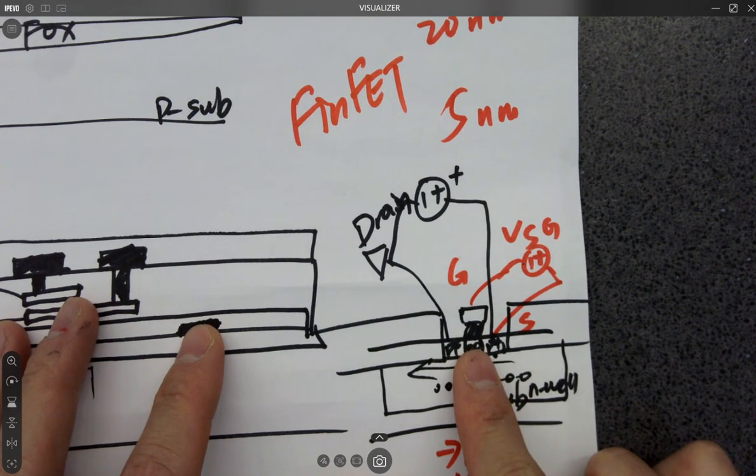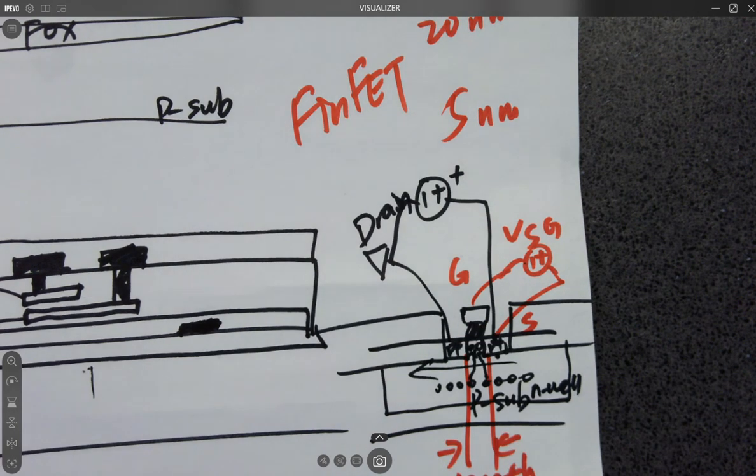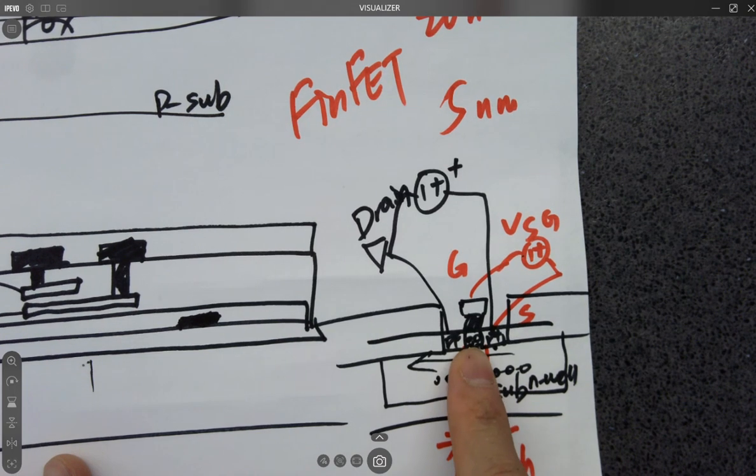The poly on the top with the gate oxide, because it's too short, is not able to provide a large enough areal footprint to provide that voltage on the top of the channel to offer that electric field to attract holes to the channel. The aspect ratio is too small from the length of the gate versus the channel's area.